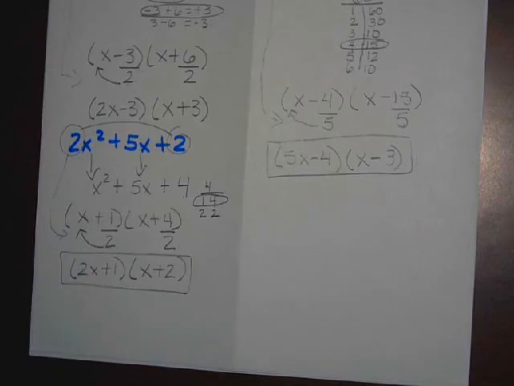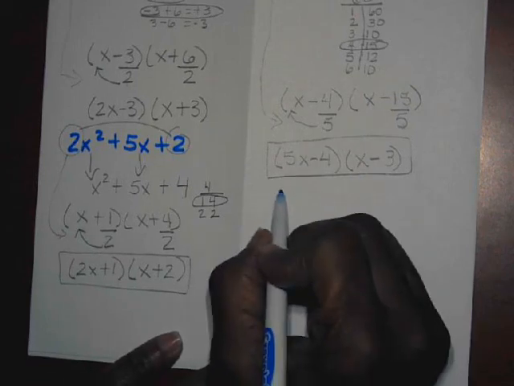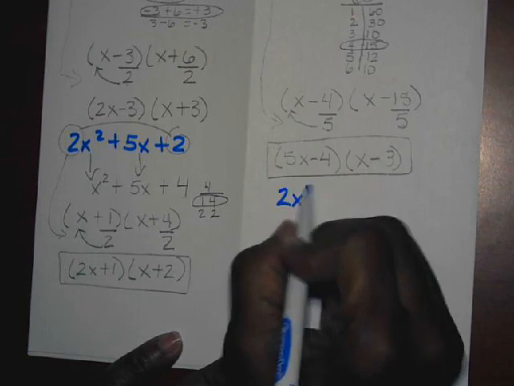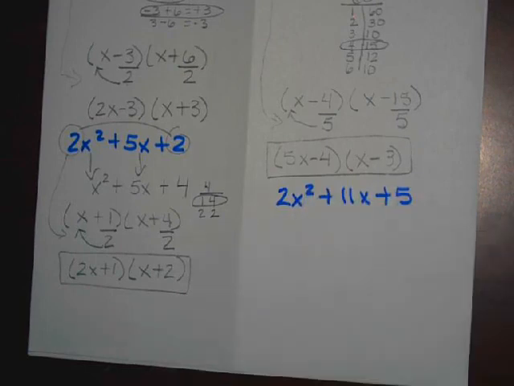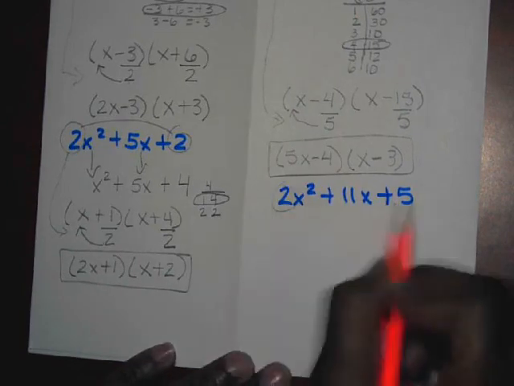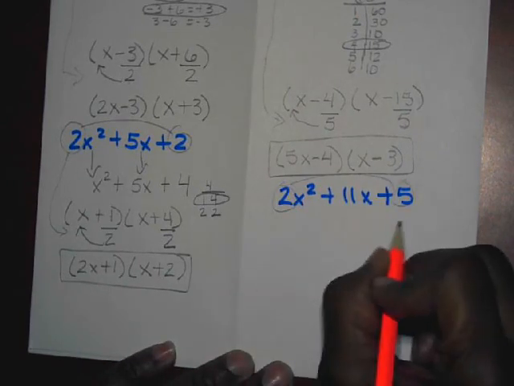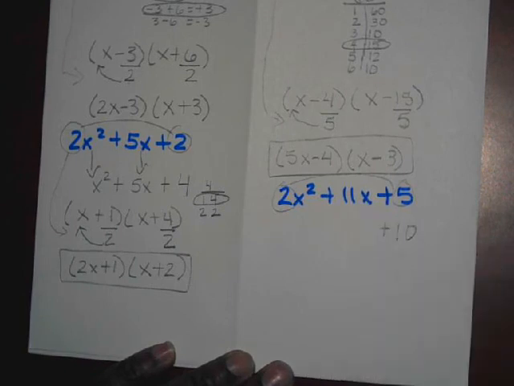Okay, still not convinced? Let's do one more just for good measure. All right, let's do 2x squared plus 11x plus 5. Okay, multiply first and the last. That gives me 10, positive 10.